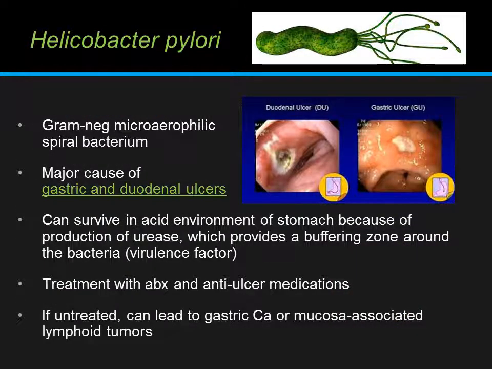Moving on to the bacterial pathogen Helicobacter pylori. This is a gram-negative microaerophilic spiral bacterium. It is the major cause of gastric and duodenal ulcers. The history is interesting, at least to me, because I kind of spanned the breakthrough on H. pylori.